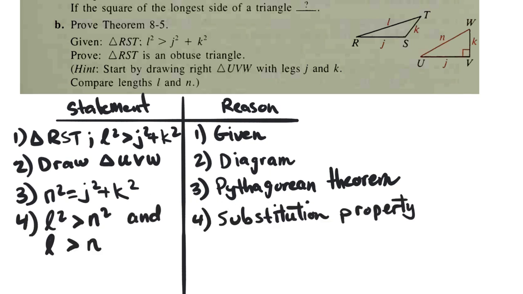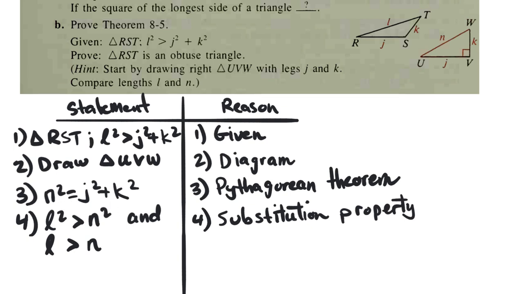Now I need to point out a critical step here also, that this j is the same length as that j, and this k is the same length as that k, but the L and the N are not the same. So L squared is greater than j squared plus k squared, that's given. N squared is equal to that sum.